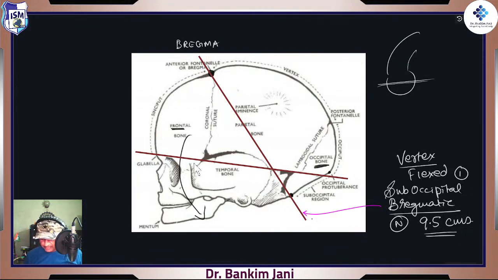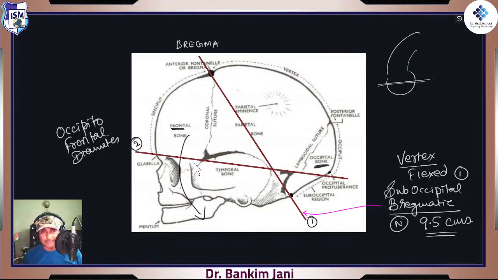If we call the first one number 1, let's put this as number 2. This would be the occipitofrontal diameter, or the line.